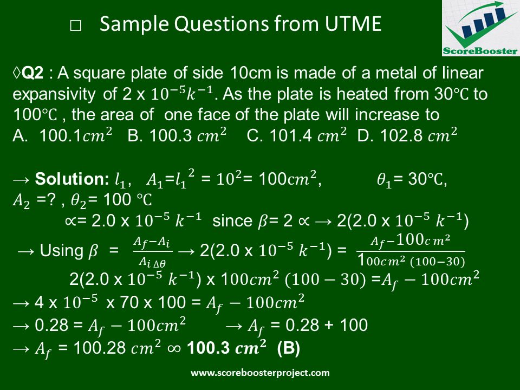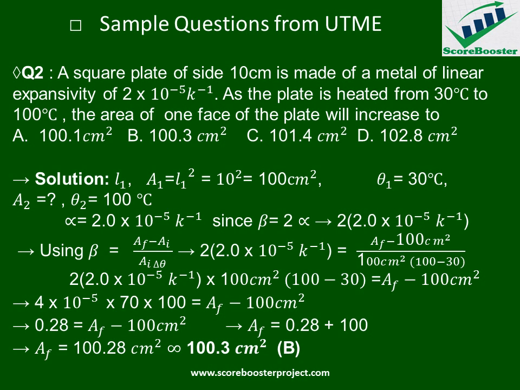As the plate is heated from 30 degrees Celsius to 100 degrees Celsius, the area of one face of the plate will increase to dash. Option A is 100.1 centimeters square, option B is 100.3 centimeters square, option C is 101.4 centimeters square, option D is 102.8 centimeters square.